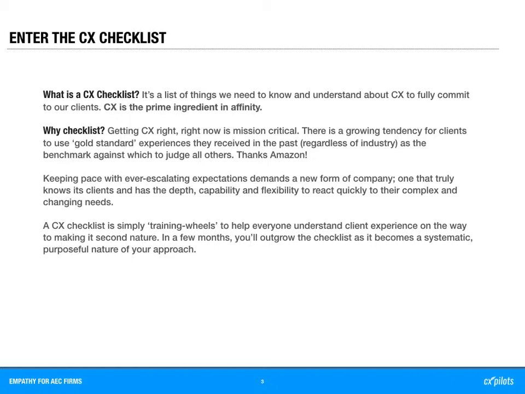This is important because we all know that CX is mission critical. There's no debate really left there, not that we're aware of any longer. Everybody knows that they need to invest in it. The question is, how do you invest in it, and where do you put your precious time and resources to get the greatest gains in the shortest amount of time?